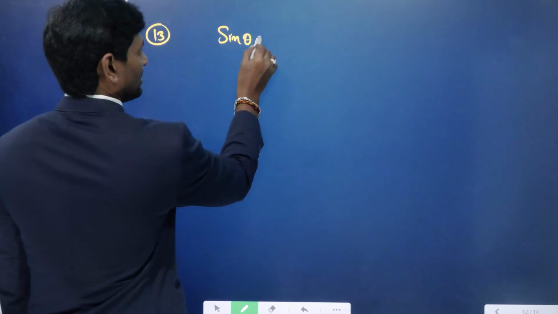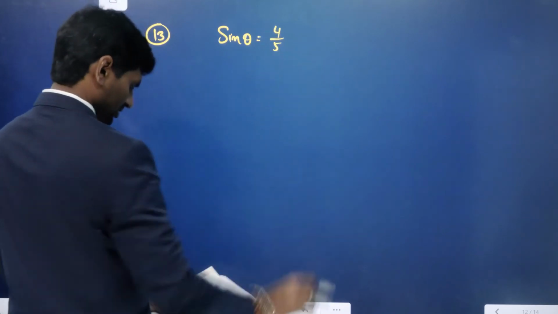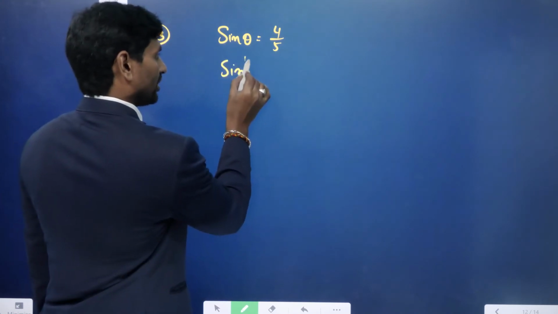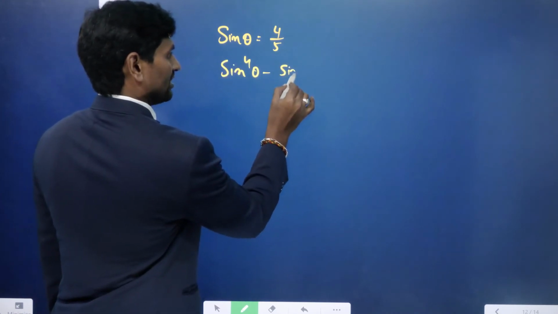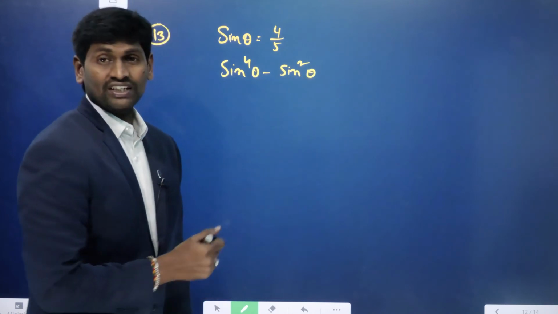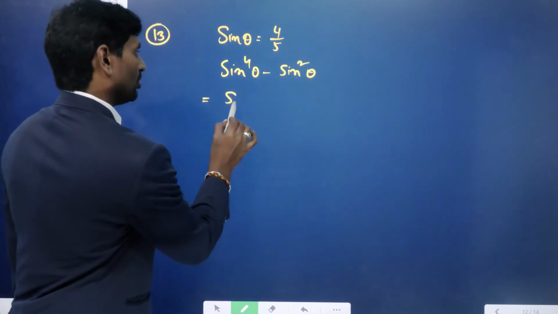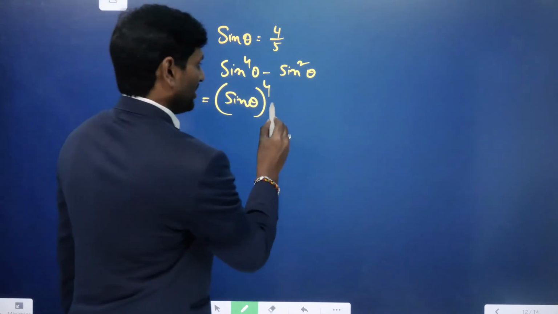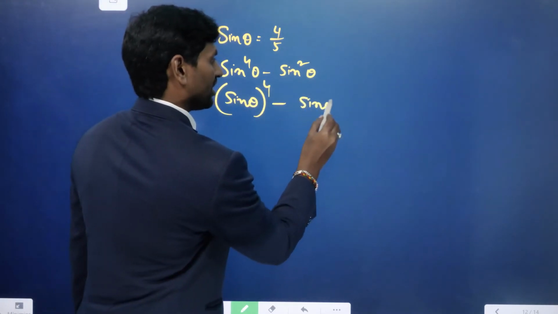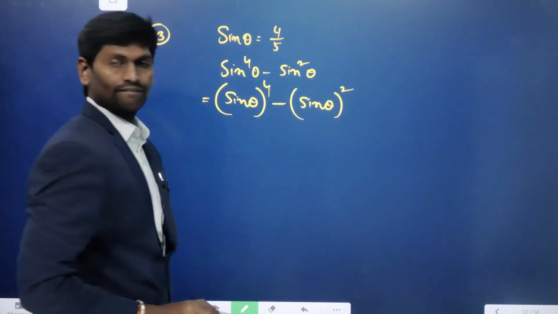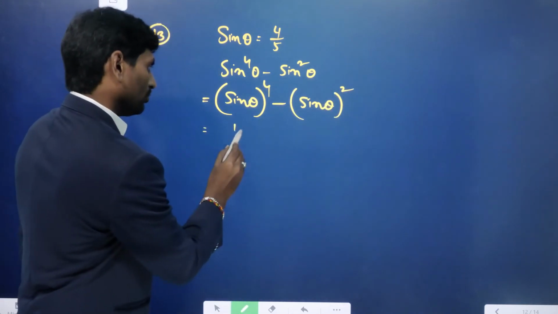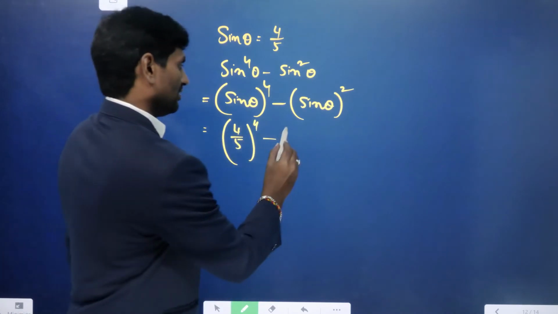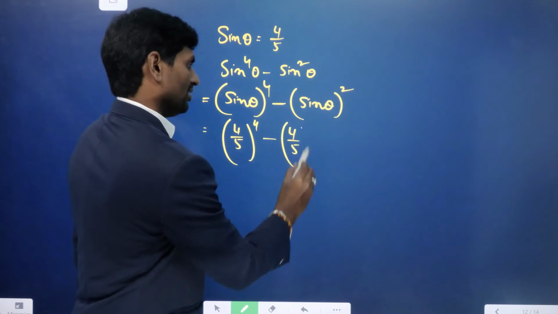So we can write sin power 4 theta as sin theta whole power 4. Same way, sin square theta we can write sin theta whole square. Substitute the value: 4 by 5 whole power 4 minus 4 by 5 whole square.